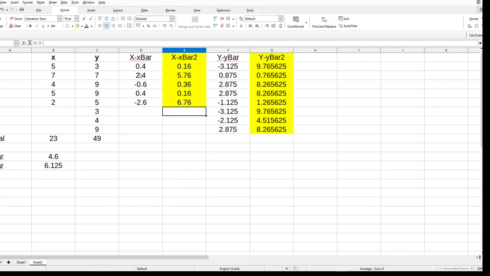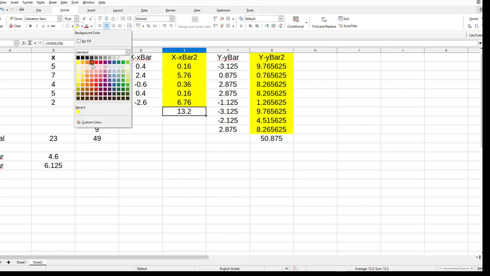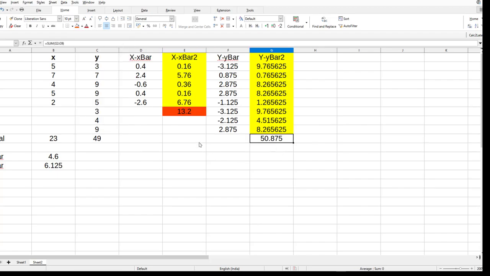So total of this column will be 13.25 and total of this column will be 50.875. So this value over here 13.25 and 50.875 will be used in our formula, right?